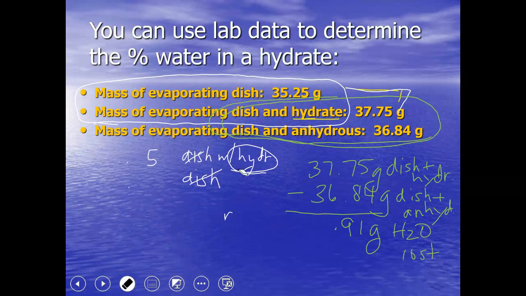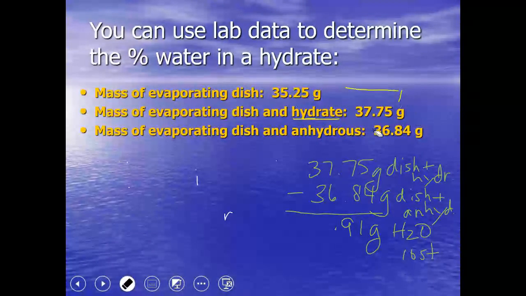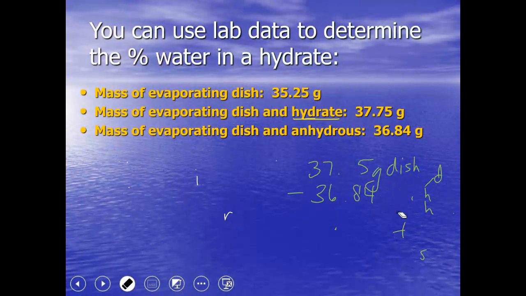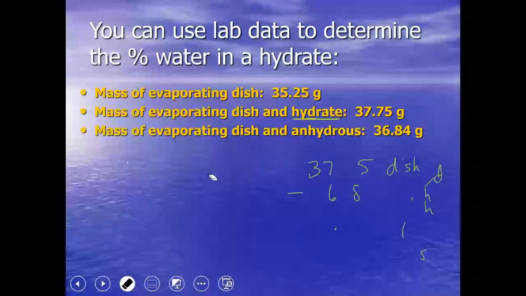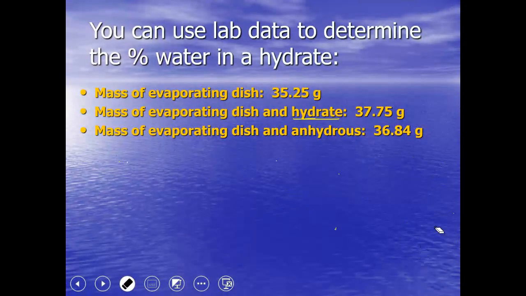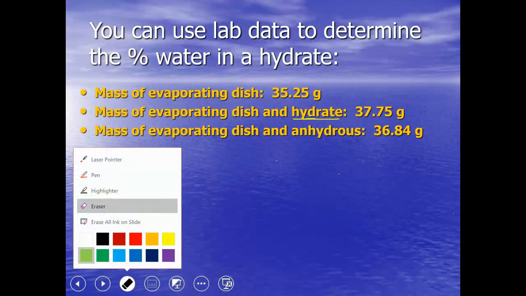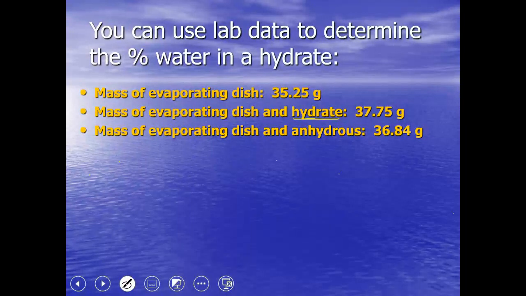So I'm just going to make a little space here. Let me get rid of some of this. Okay. And I'm going to show you then, using those two numbers, how you can calculate the percentage of water, and determine if it was the formula that you were previously working with.